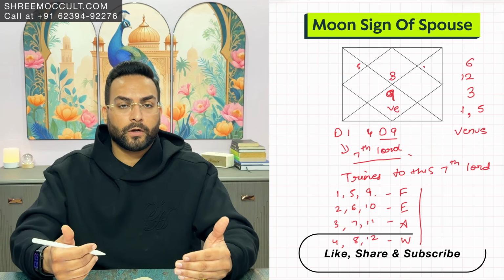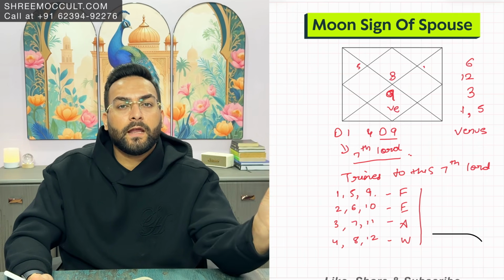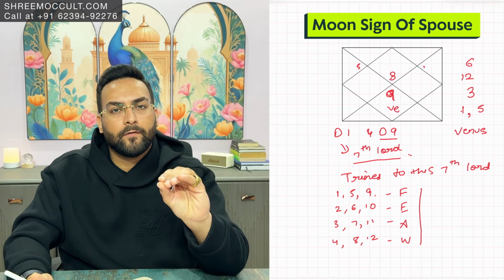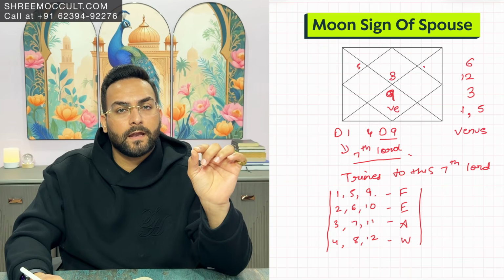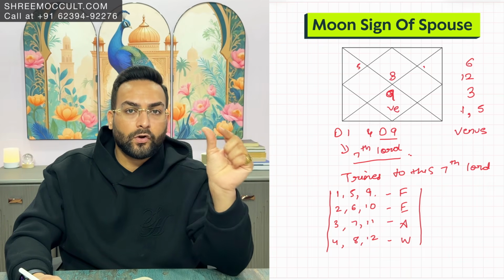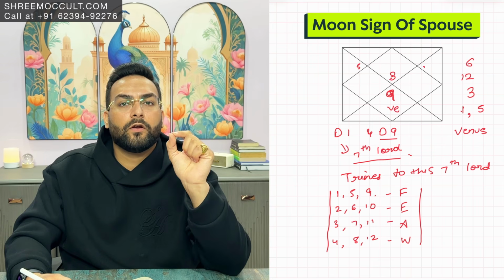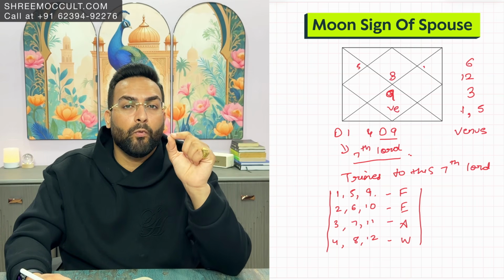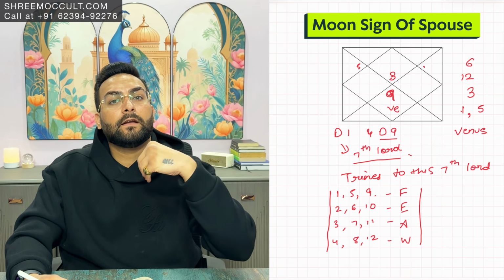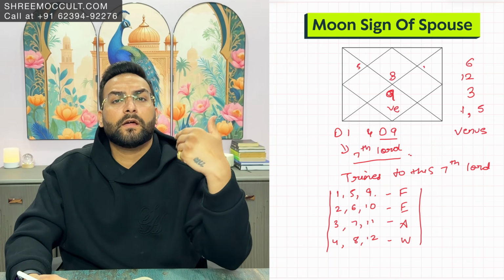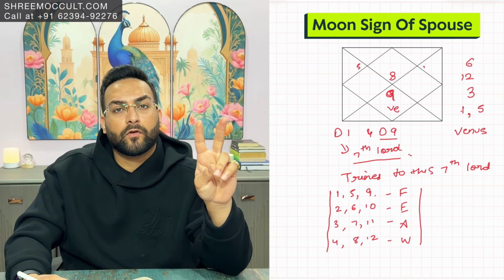So to shorten it, you need to check your seventh lord in D1, trace that seventh lord in D9, find out its location, check what zodiac sign it is sitting in, then check the trines to that. Right now you have the trines, just check what all the trines are. That is going to be the moon sign of your spouse. Another possibility is the sign that is direct 7th to it, Saptak. So direct 7th sign, that is the second possibility.